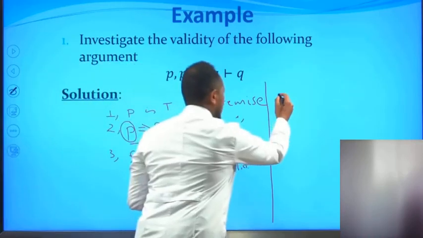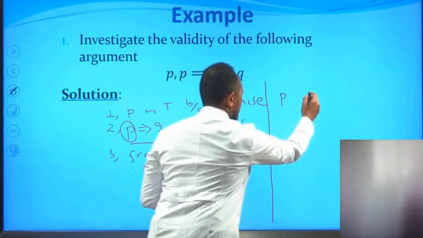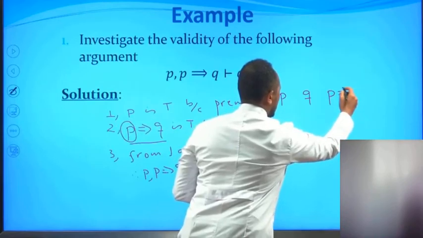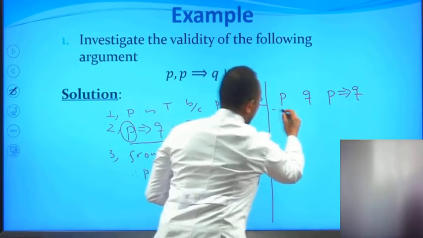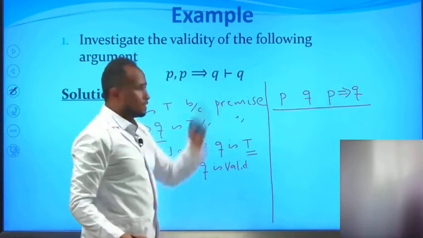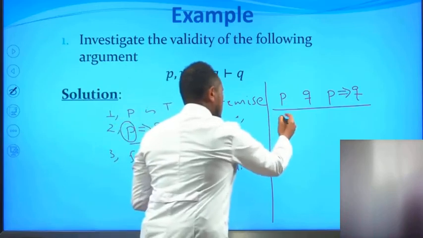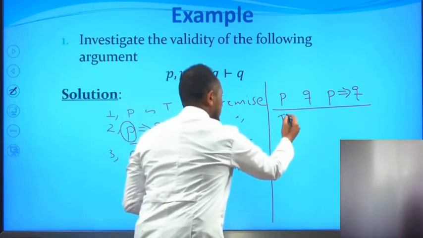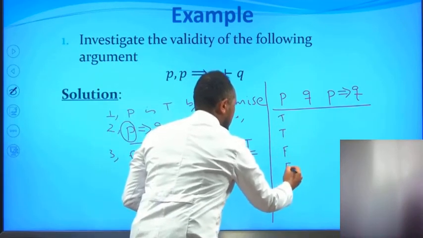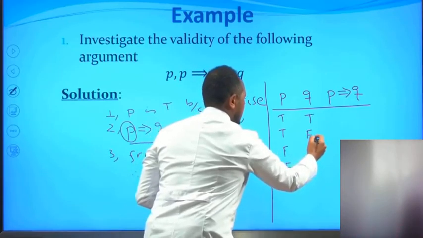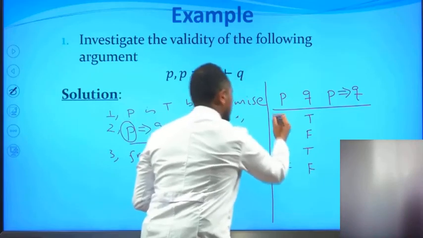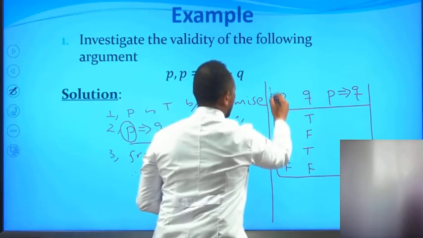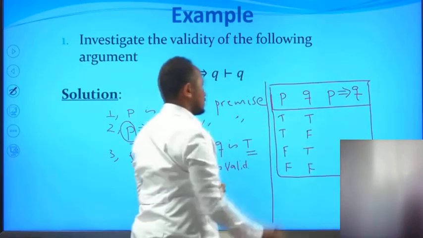So let's take a truth table. Here we have P, Q, and P implies Q. Let's prepare a table for this: P, Q, P implies Q, and Q. Since we have 4 possible combinations of true and false, let's take 2 truths and 2 falses: true, false, true, false.